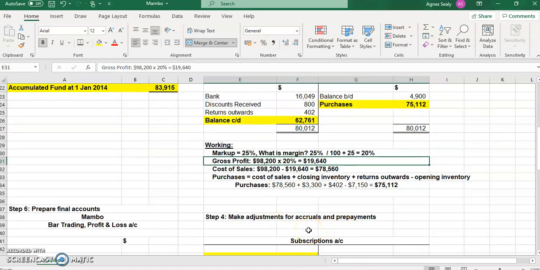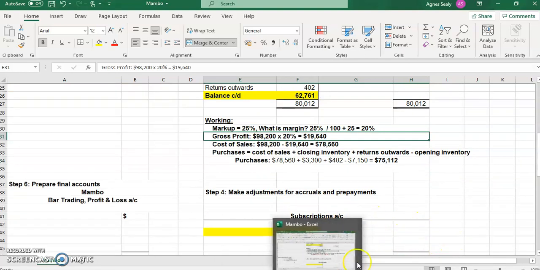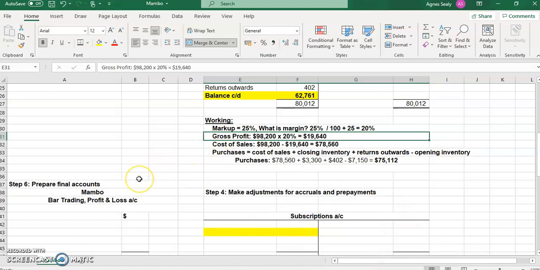But the first adjustment that we are going to be looking at is adjusting for our subscription. We're going to do it by way of the subscription T account. I want to demonstrate the T account because some examiners at points in time ask you for the subscription account, and if they do, you must know how to prepare the T account.